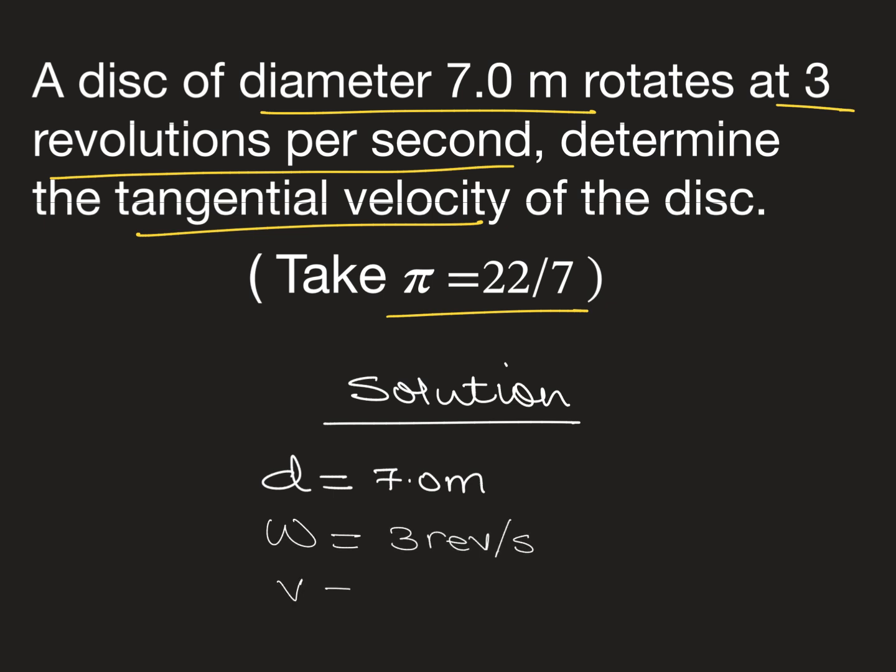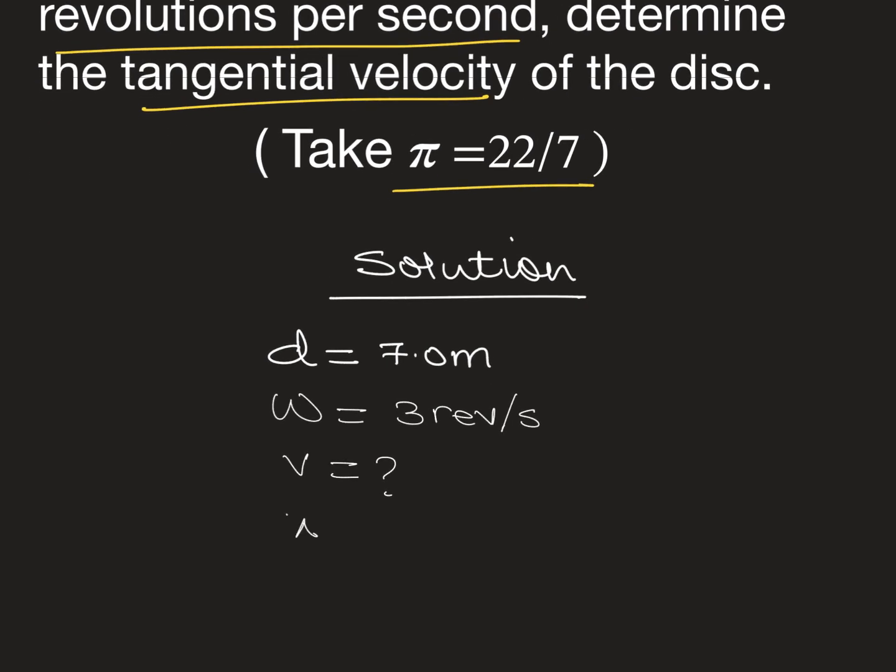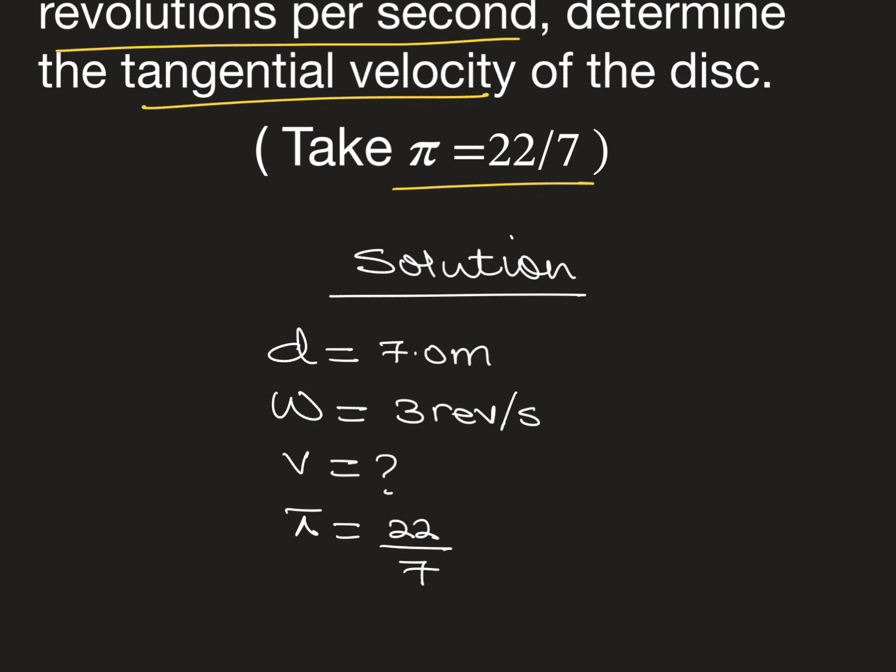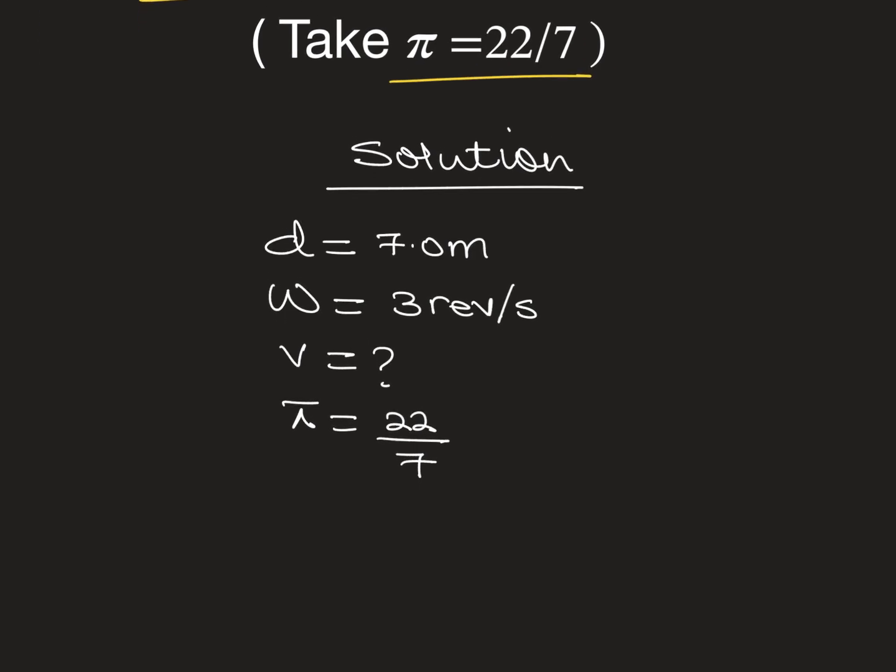We want to find the tangential velocity v, and pi is to be taken as 22/7. To find v, we know that v is equal to omega r, but omega, that is the angular velocity, has to be in radians per second, not in revolutions per second.